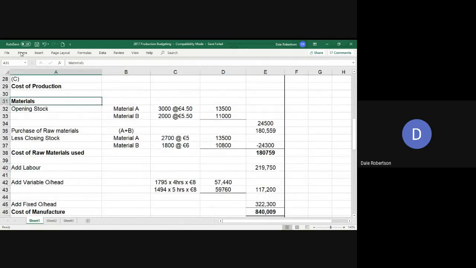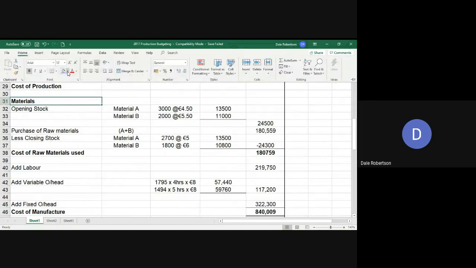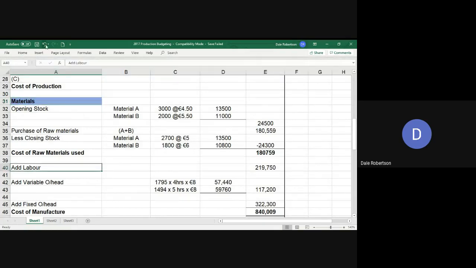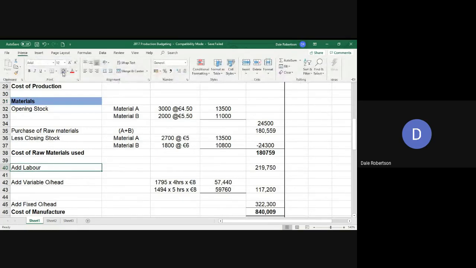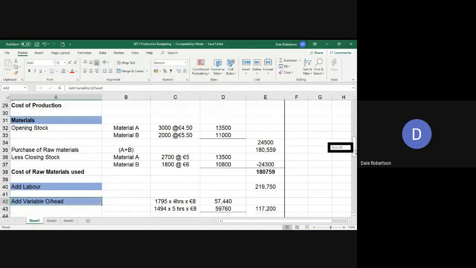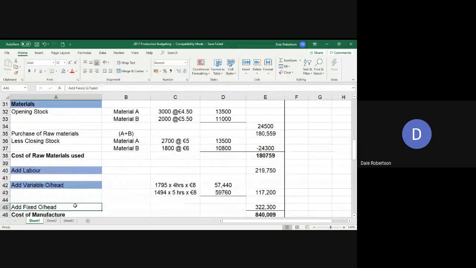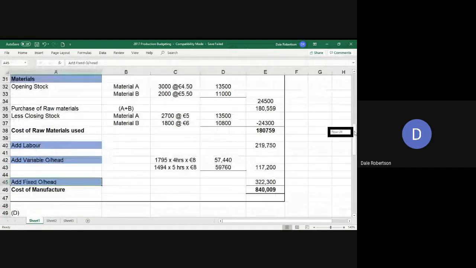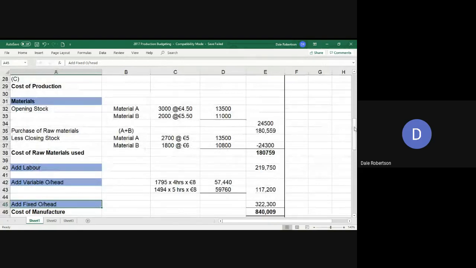In order to make any kind of a product, you need materials, you need labor, you need variable overheads, and you may also have some fixed overheads. Those are the 4 key components in the cost of production. So we're going to treat each of those individually and we're going to see if we can add these things up.